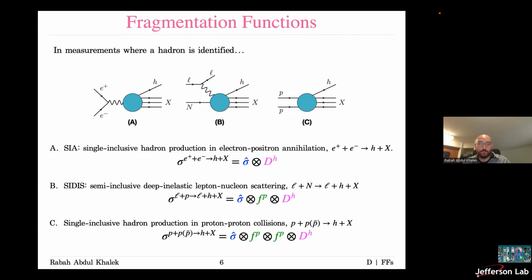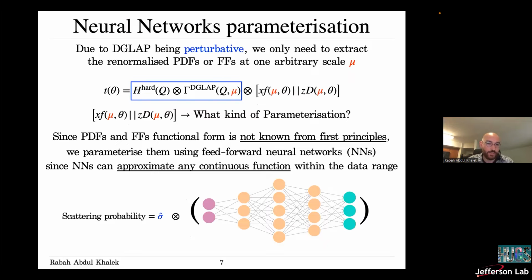There are many collaborations now that fit these functions, PDFs and fragmentation functions. NNPDF is the oldest one. There's also a collaboration called MAP, where they decide to parameterize these PDFs and fragmentation functions in terms of neural networks. Why?